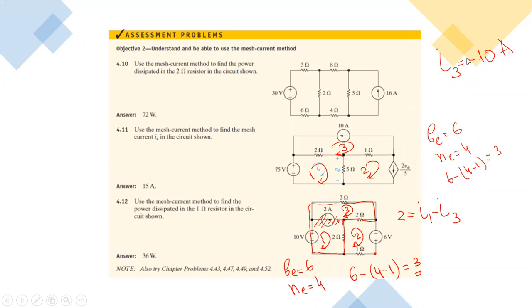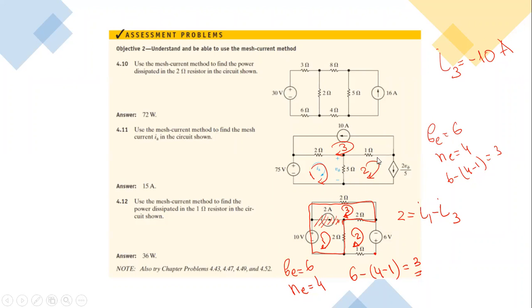If the current source was directed to the right-hand side, then I3 would be equal to that current source, which is 10. But in both cases, the current source is directed in the counterclockwise direction, not in the clockwise direction, which is the positive direction that we adopted in this class. So for this mesh 3, I don't need to write any equations.